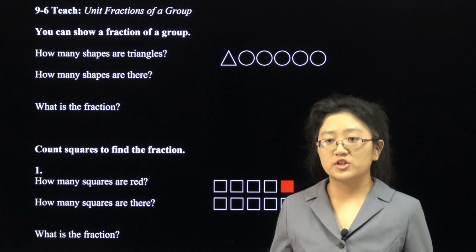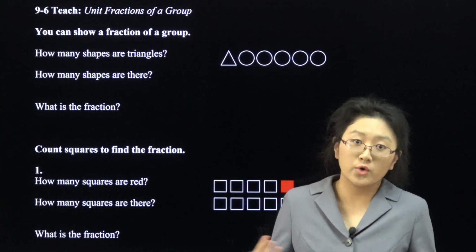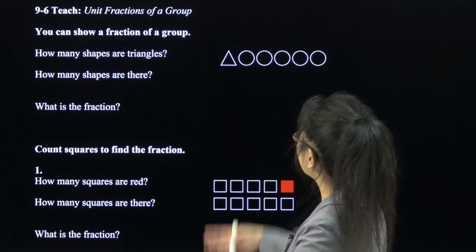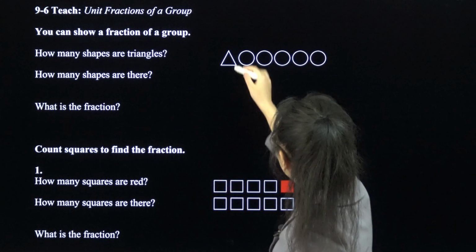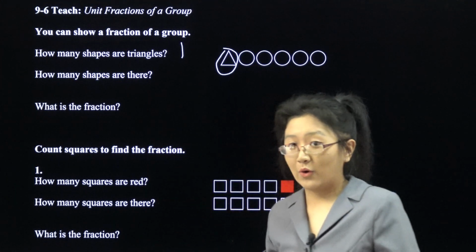So apart from showing a fraction of a whole, you can also show a fraction of a group, with the group being the whole. So how many shapes are triangles in this group of shapes? Well, we have one triangle. How many shapes are there? That's the total parts.